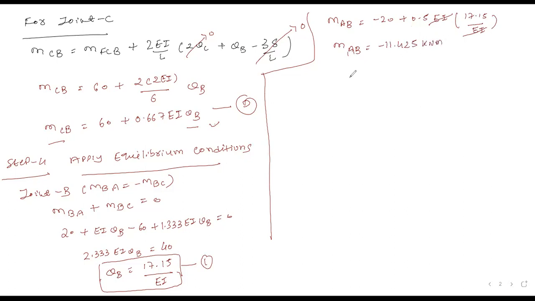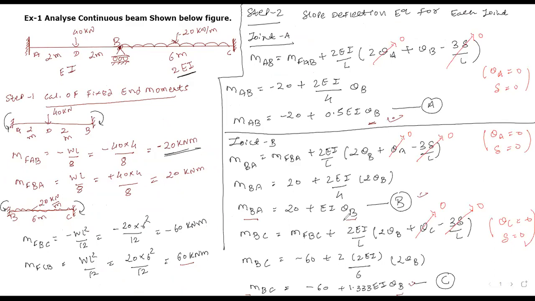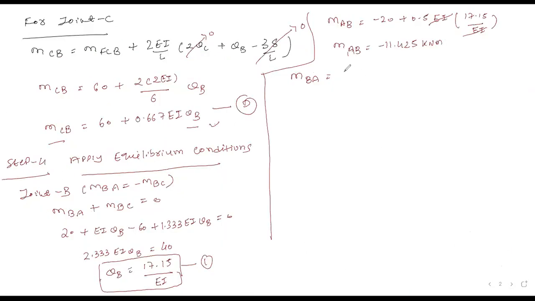It is a moment, so the unit is kilonewton meter. Similarly, MBA should be equal to plus 20 plus EI multiplied by theta B, 17.15 divided by EI. So we will get one more value, that is nothing but 37.15 kilonewton meter.